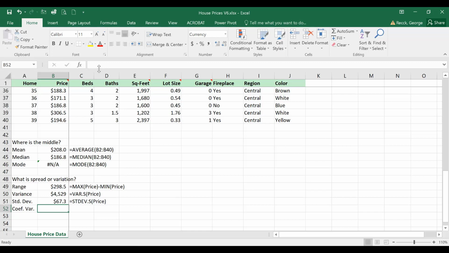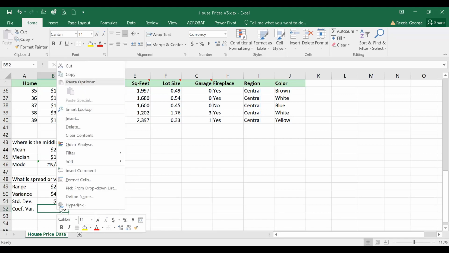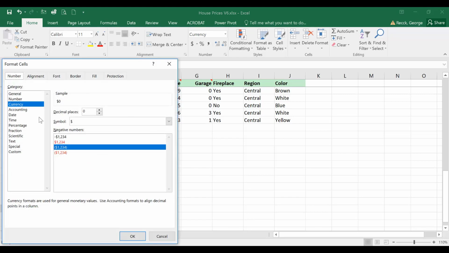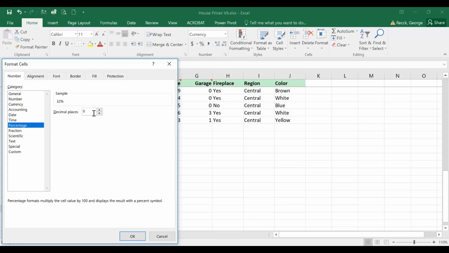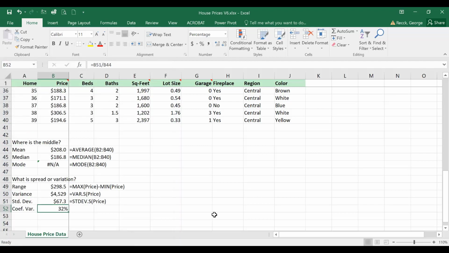So if I take the standard deviation in B51 and divide it by the mean, that really should be a percentage. So I'm going to reformat that to a percent, 32. We don't even need decimals here. So that's a nice relative measure to show how much variation we have as compared to the mean.